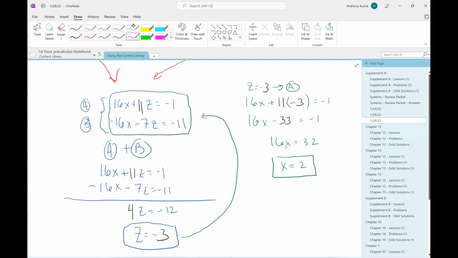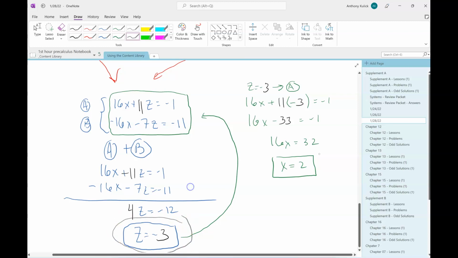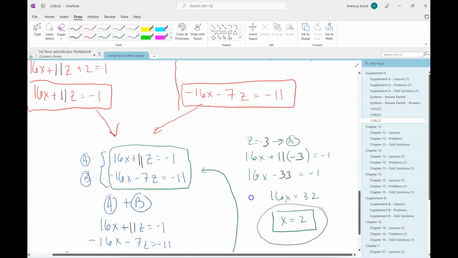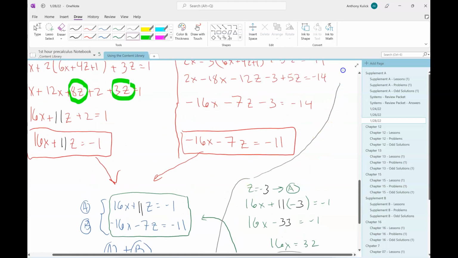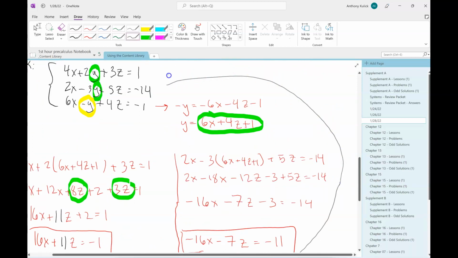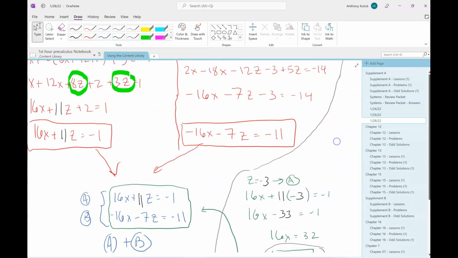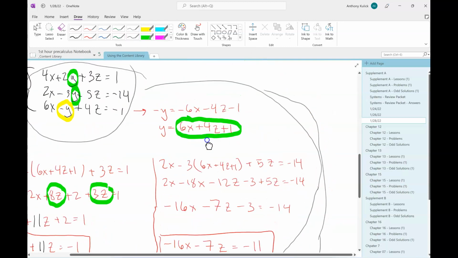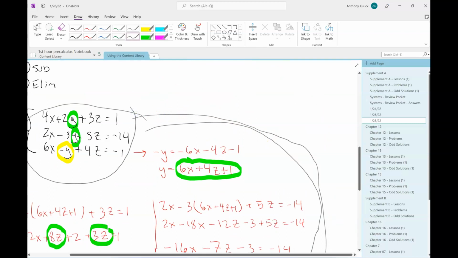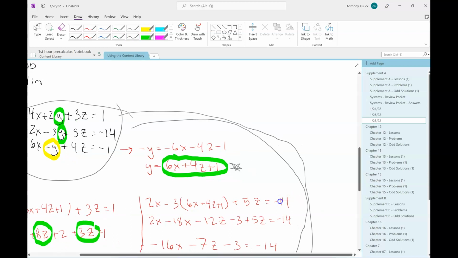So far, so good. Now I can take both of these previous two and go back to any of these 3 variable equations and plug back in to get my y. In order, I'd probably pick this one that we used to do the substitution because the y is already solved for us, right?